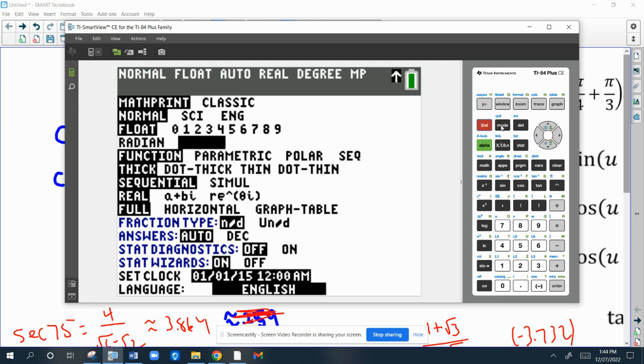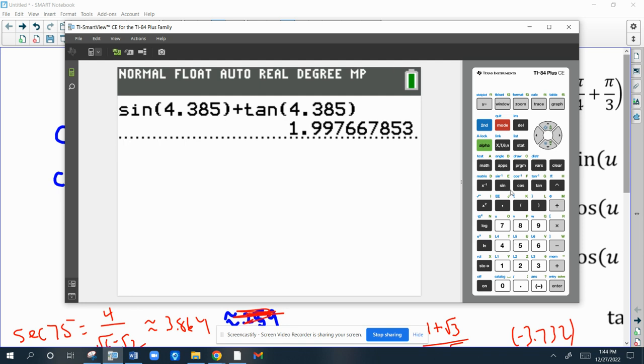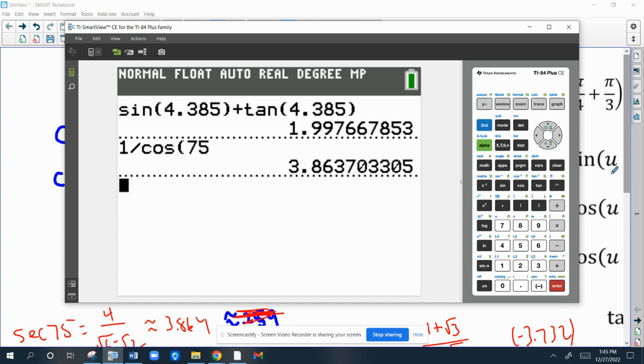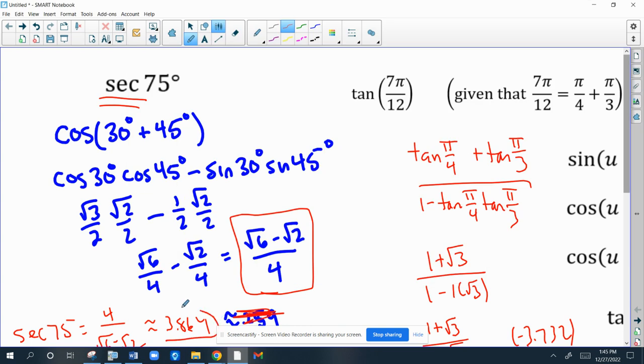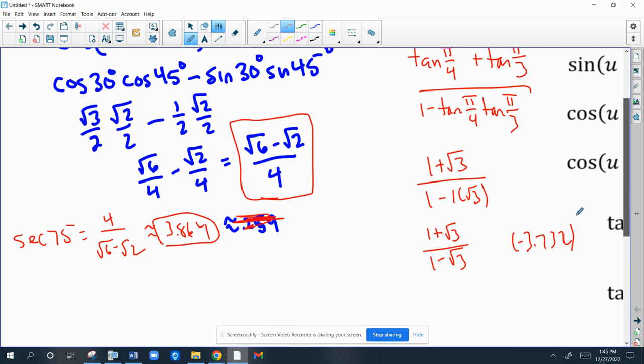The secant of 75 would be 1 over the cosine of 75. And that gets me 3.863, which you can see is what we were looking for. So that's a good check. So approximately 3.864, exactly 4 divided by the quantity root 6 minus root 2.